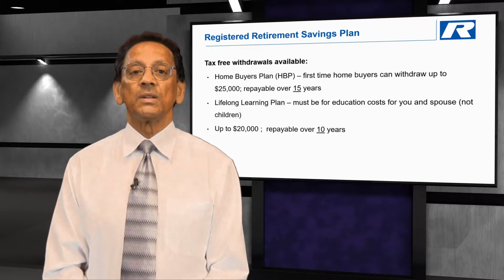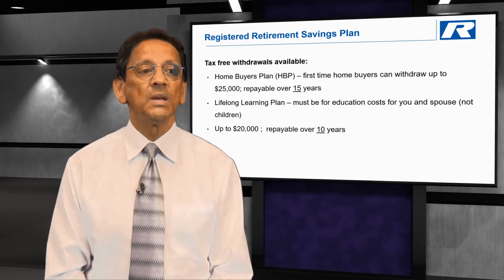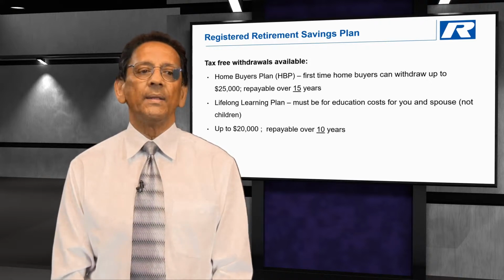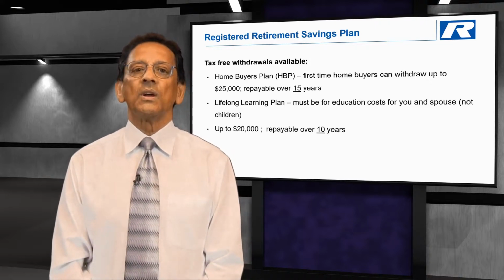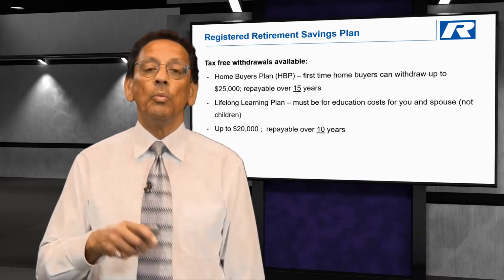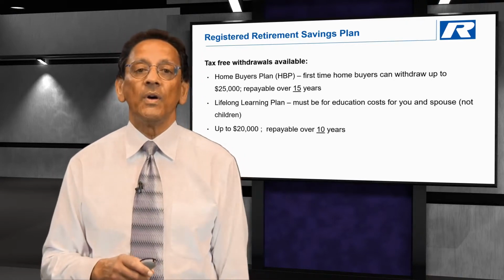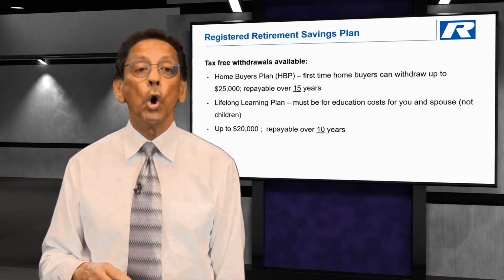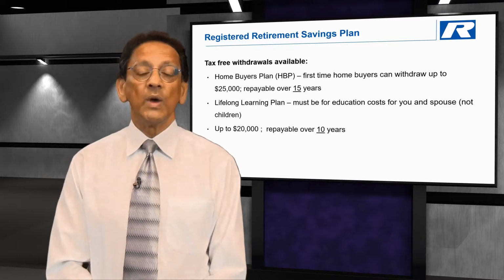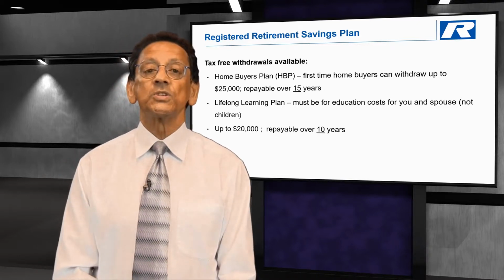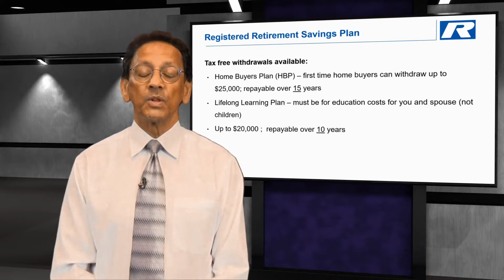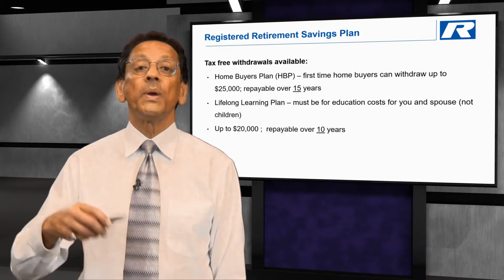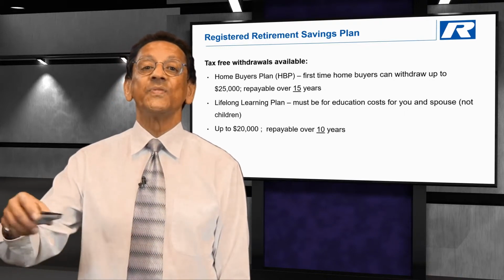A couple of features that are quite interesting on RSPs. There are two special plans. One's called the Home Buyers Plan. What's interesting with this is the federal government allows us to withdraw money out of our RSPs if we are going to use it to buy our first home. If you have an RSP as a first-time home buyer, you can withdraw up to $25,000 from your RSP, and you must agree to repay that amount over the next 15 years.